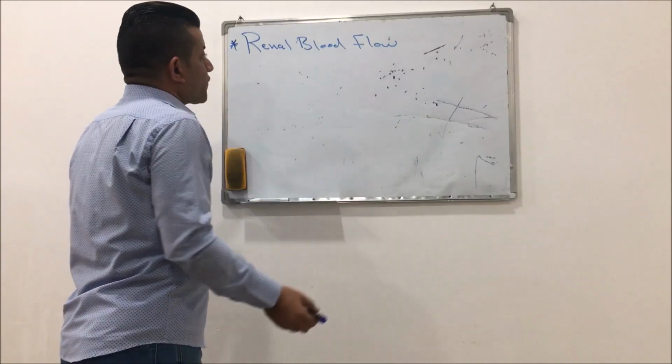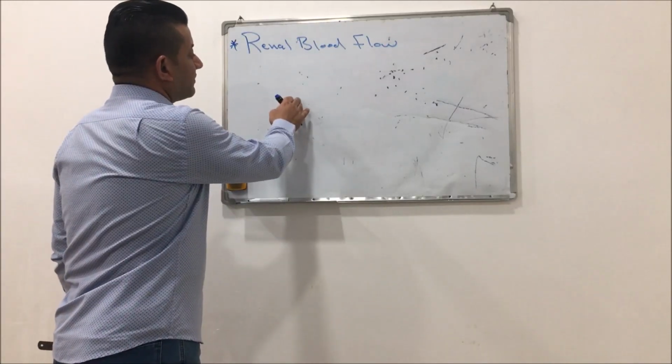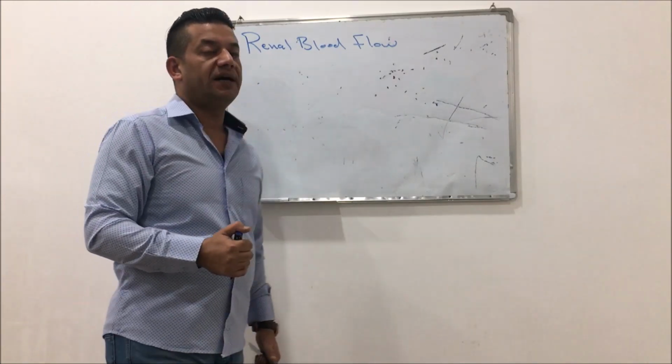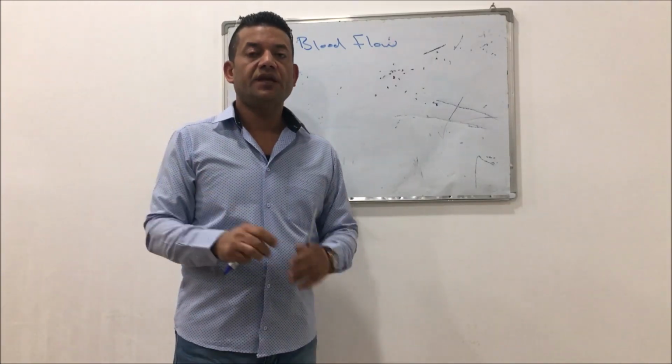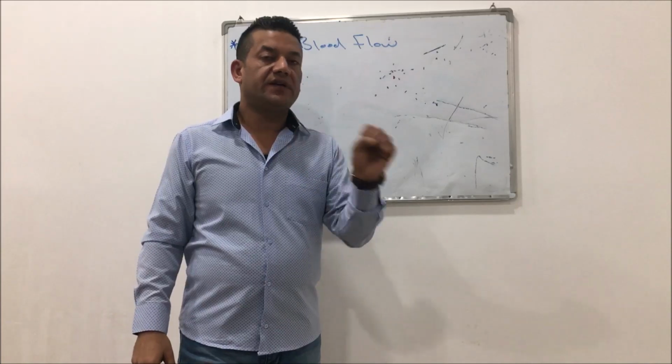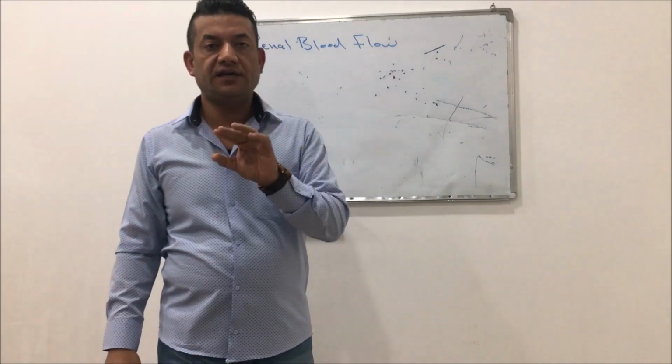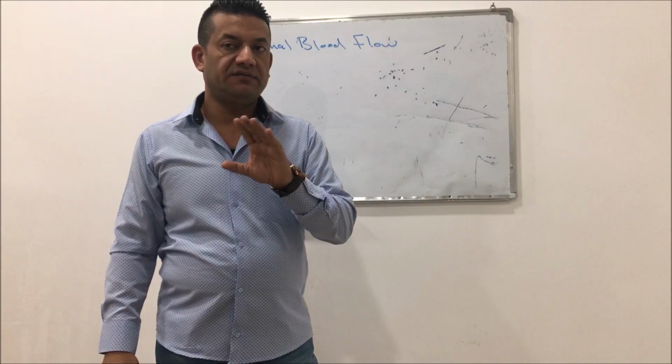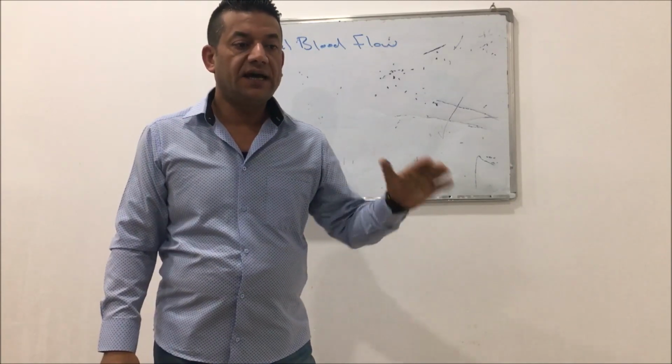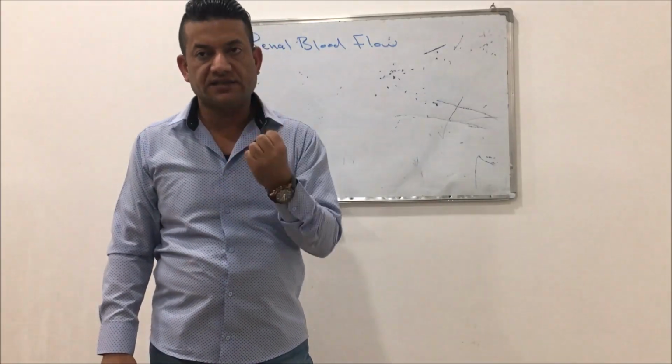So the renal blood flow is determined by two factors: the difference between arterial and venous renal pressures, and the total renal resistance.